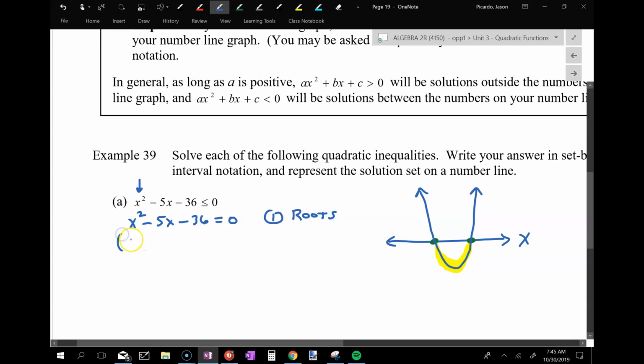Let's see here. x minus 9 and x plus 4. All right, so once I get my factors, I set my factors equal to 0.